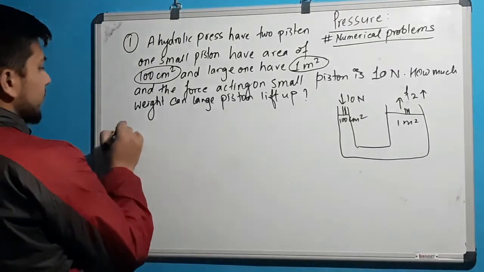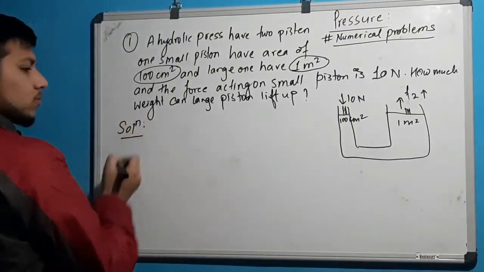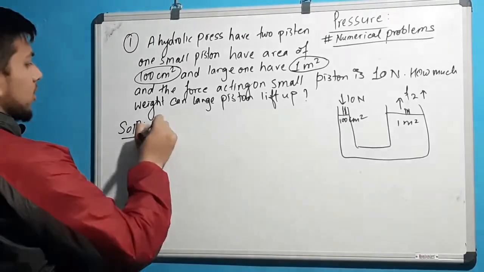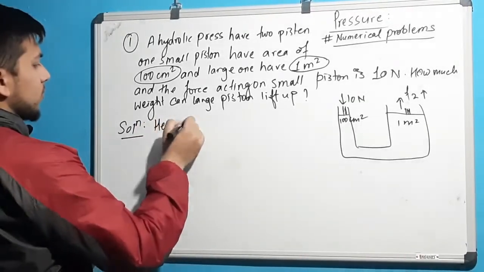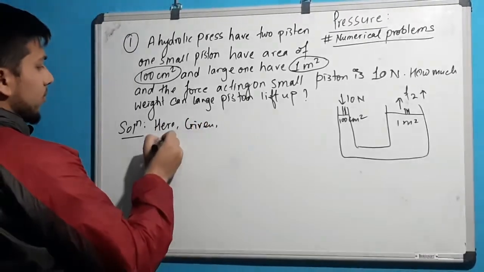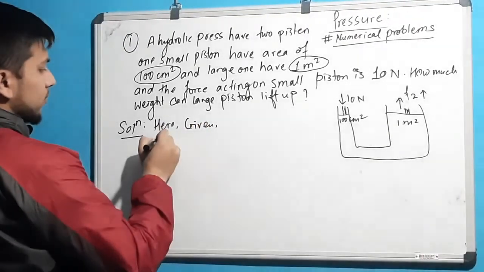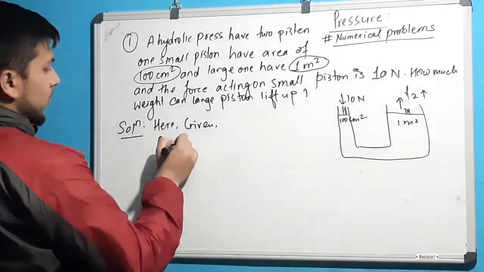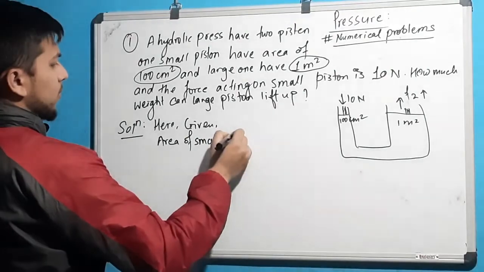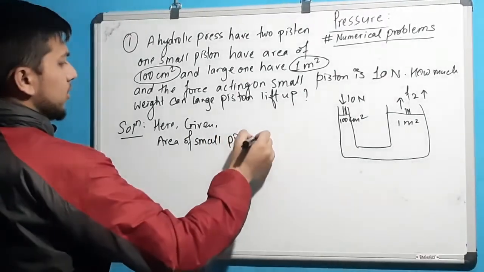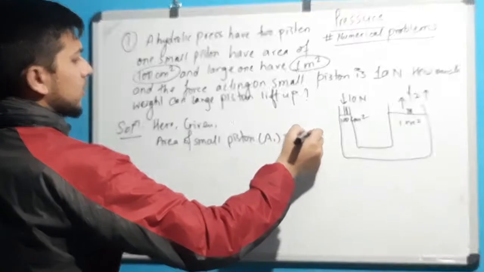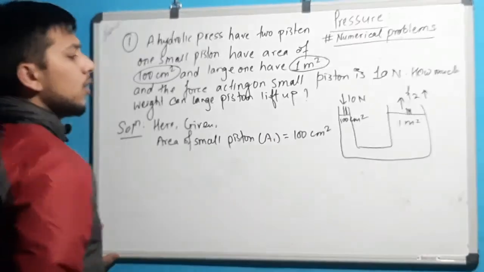And solution. In the solution, given: area of the small piston A1 equal to 100 centimeter square.